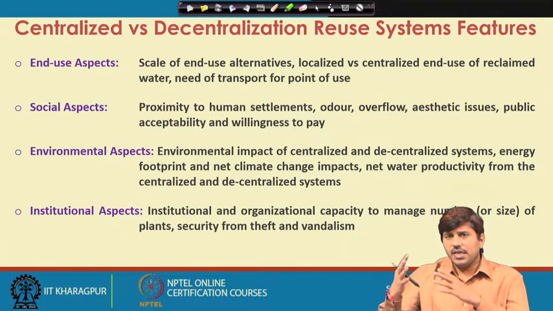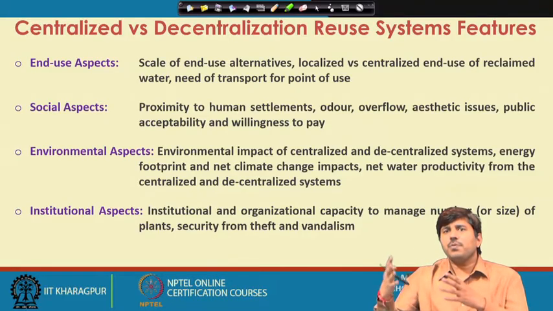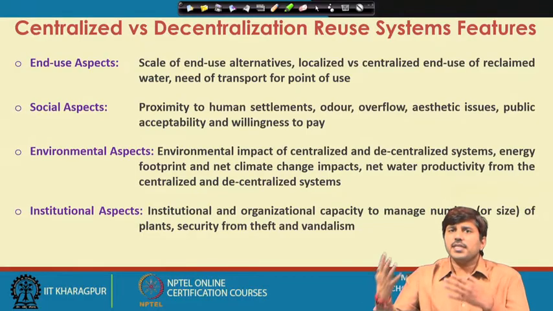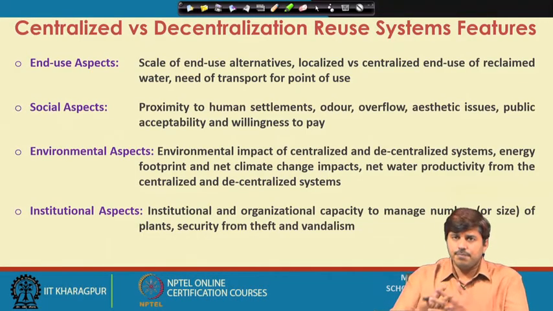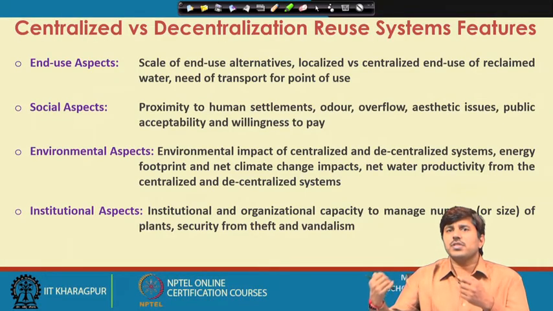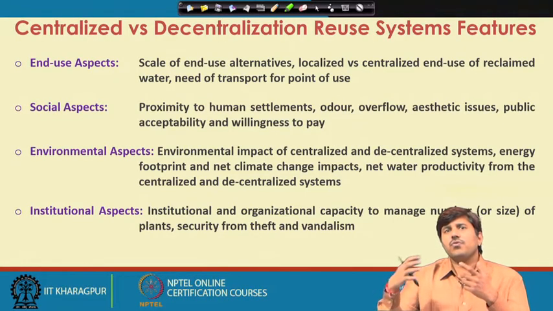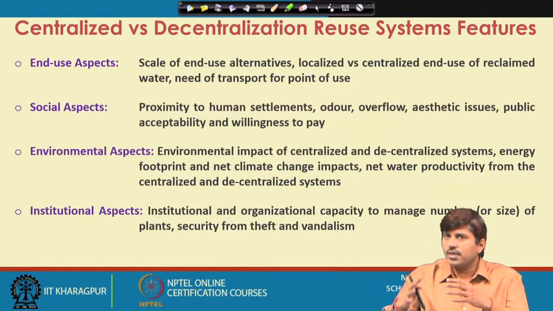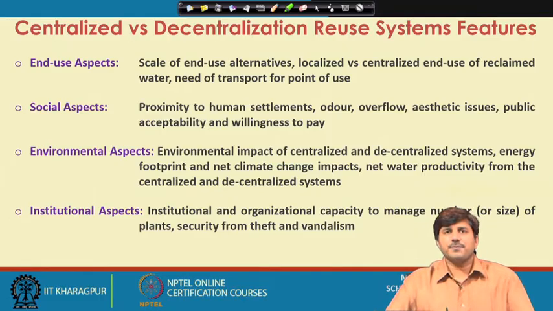If those options are to be preferred, then decentralized systems are going to be better, whereas if you are going for a centralized end use system, then even if you go for decentralized treatment, you will need to transport to the point of use. So, that way it is not going to be helpful in any way.